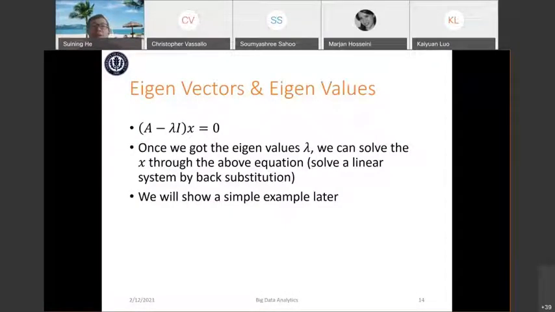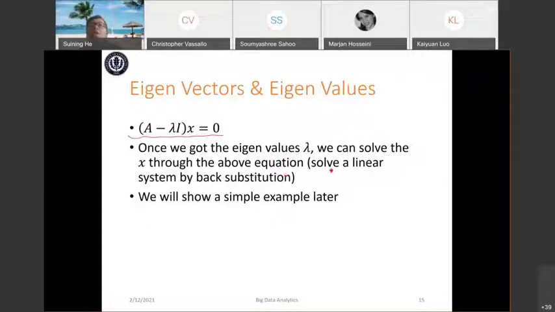Given that we have already found the corresponding eigenvalues, we look back at the vectors that we are talking about, the eigenvectors. Once we have the eigenvalues lambda, we can solve for x through the above equations.